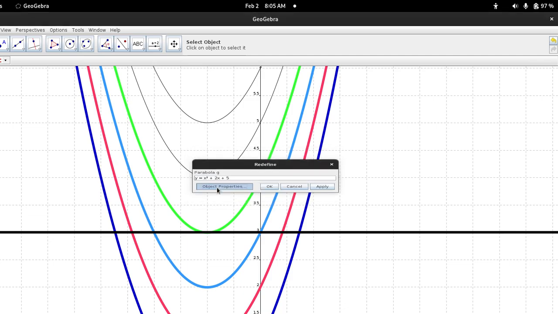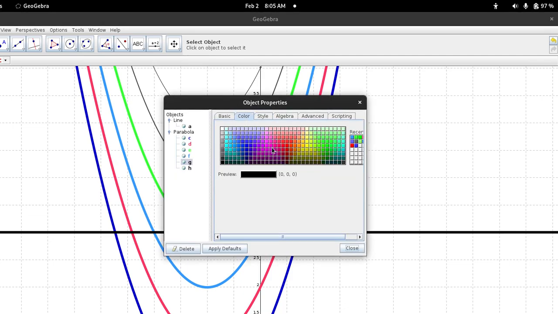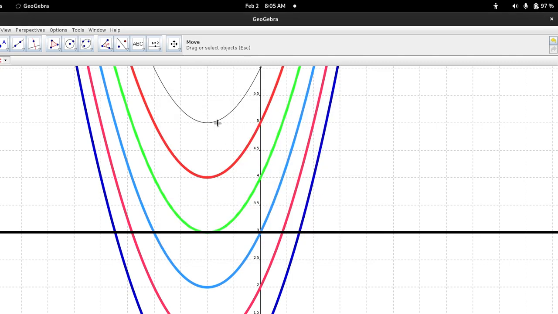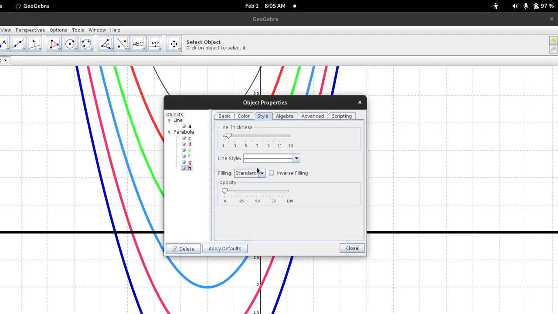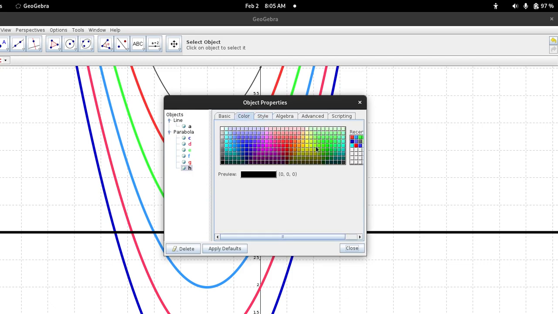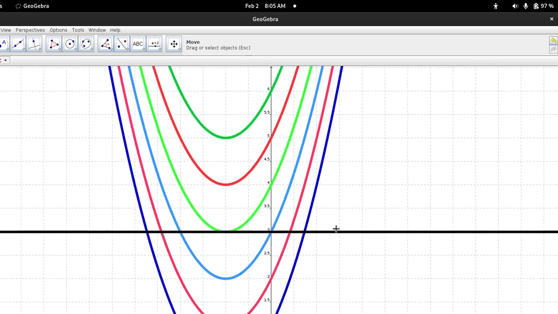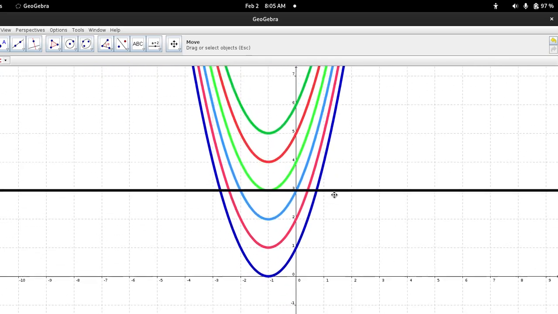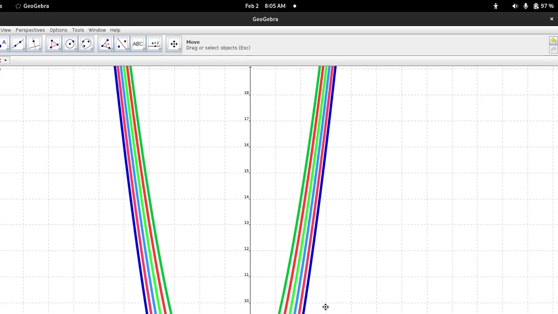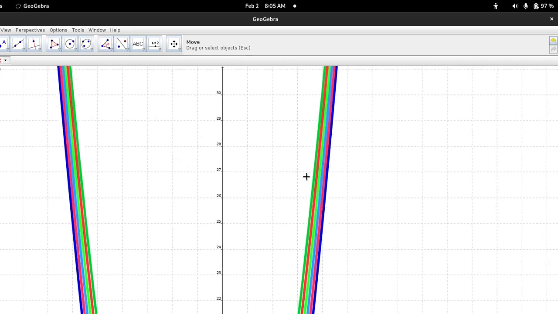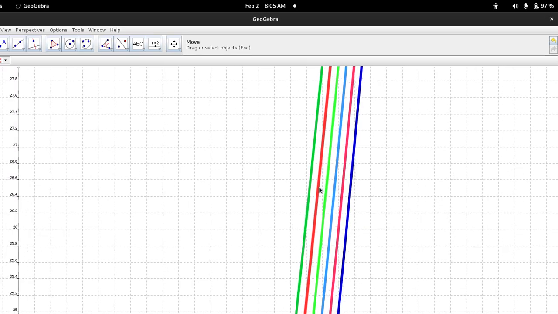Let me change this to some other color and make it thick, and change this to some other color and make it thick, so we can see it. Alright. So as we can see, there is no specific point where they come together. They never come together. Alright?